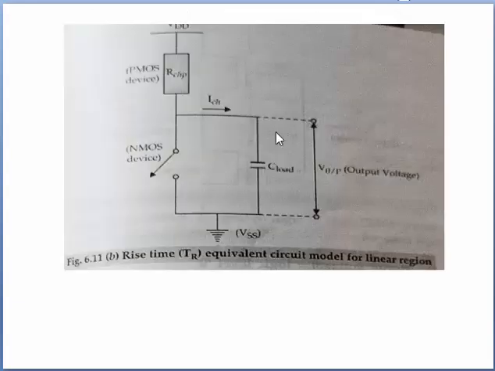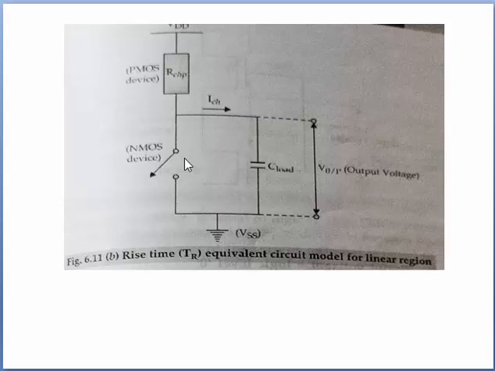This circuit represents the rise time equivalent circuit model for the non-saturation region, and the condition for this non-saturated region is that the output voltage is greater than the magnitude of the threshold voltage of the PMOS device, because the PMOS device is in saturation and the NMOS device is in the off state.